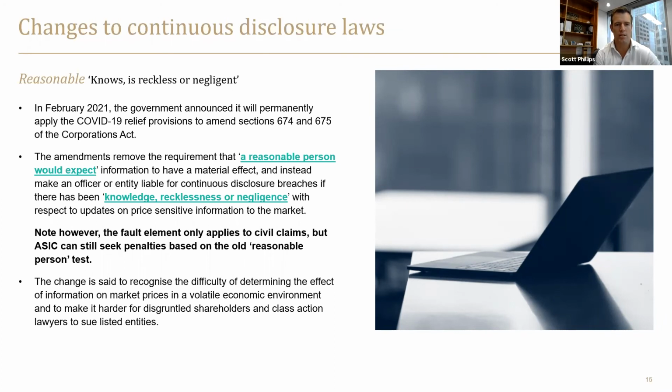What this change does is you're only going to be liable, and keep in mind this is only civil liability, so there's no change from an ASIC criminal prosecution perspective. But from a civil liability perspective, you're only going to have liability if you knew, were reckless, or were negligent as to whether that information would be materially price sensitive.